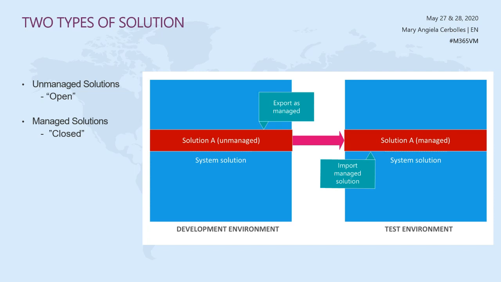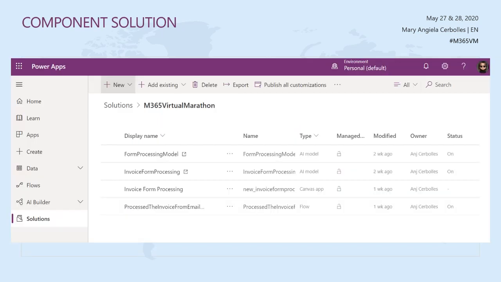So makers or developers work in an unmanaged solution, and if you're going to export it as managed, you are going to import it in your test or production as managed solutions. The solution components are what's inside the solution. This could be your Canvas app, model-driven app, flow, AI Builder, and any components that you want to add in your solutions.